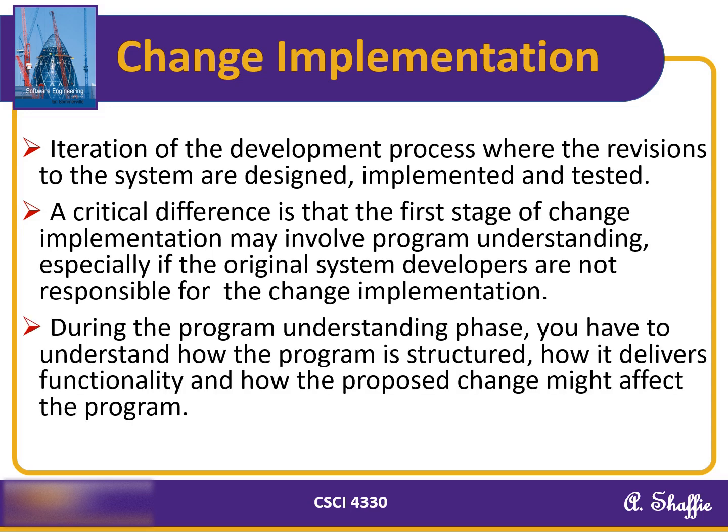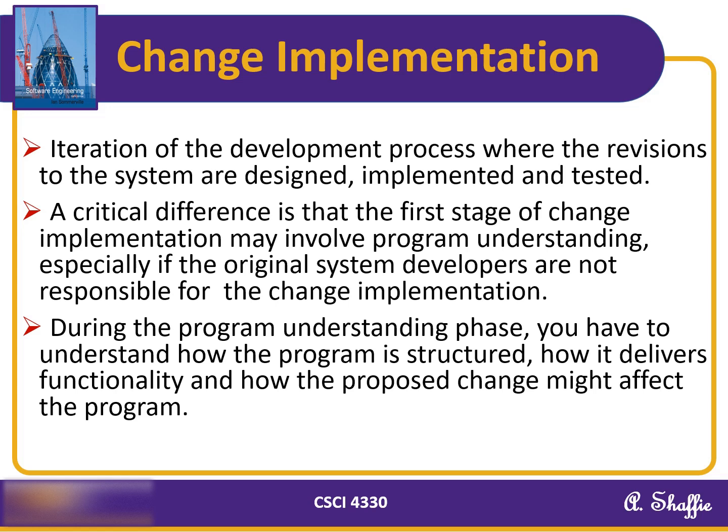During the program understanding phase, it is essential to gain a clear understanding of how the program is structured, how it delivers its functionality, and how the proposed changes might ripple through the system and impact other parts of the program. So we can say that the change implementation process can be divided into two main phases.